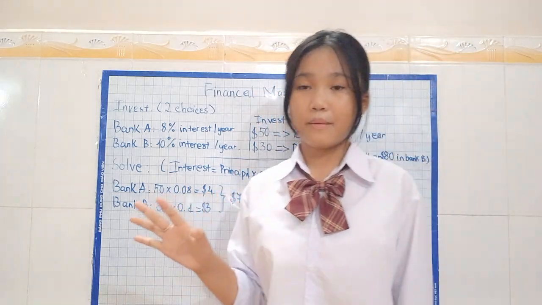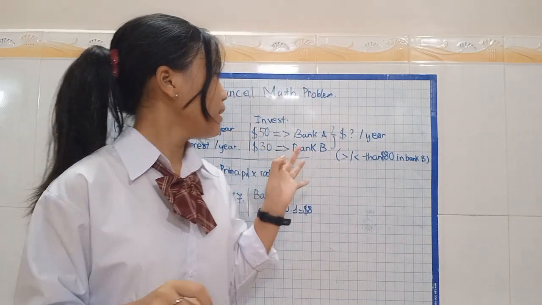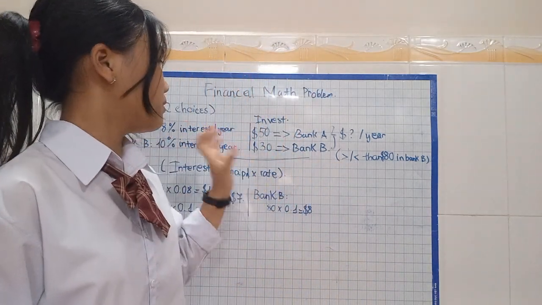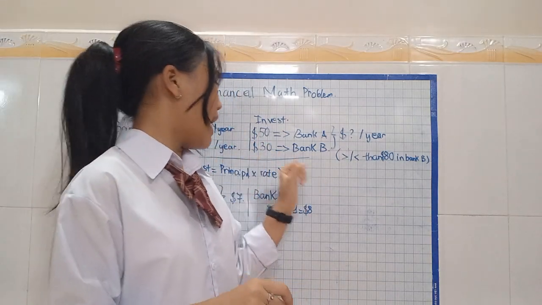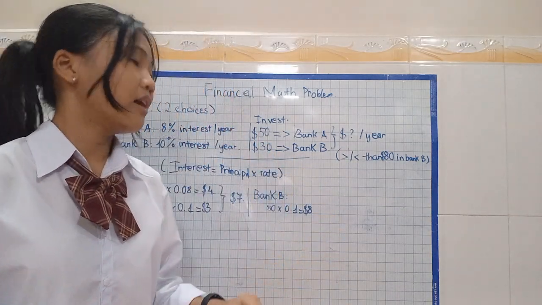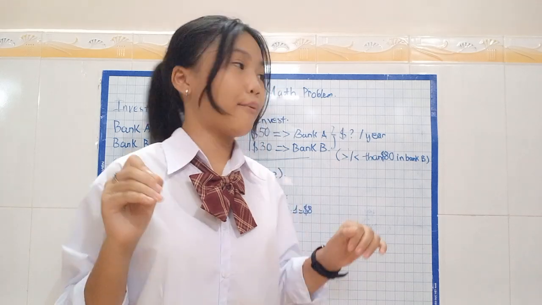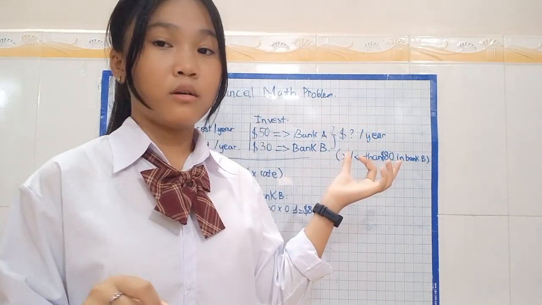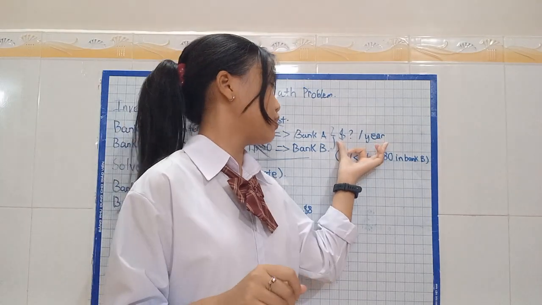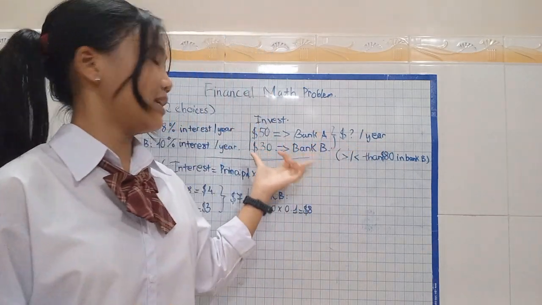So let's now gather data. Our first way is to put $50 in Bank A and $30 in Bank B. We need to find out how much we will earn each year if we invest in this way.